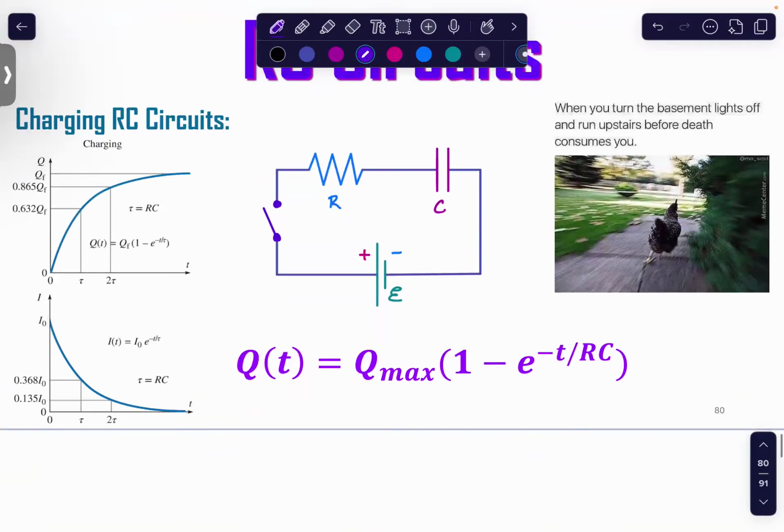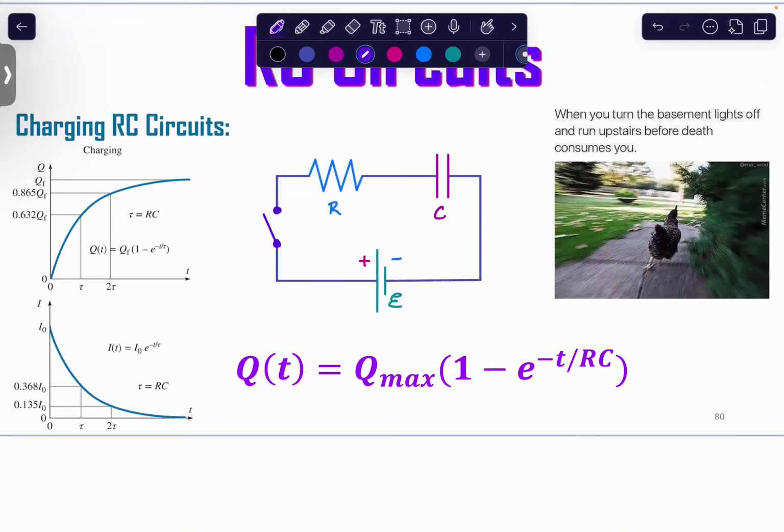Okay. RC circuits. They're exactly what they sound like. They're called RC circuits because they have combinations of resistors and capacitors. Kind of like RLC circuits, which are combinations of resistors, inductors, and capacitors.